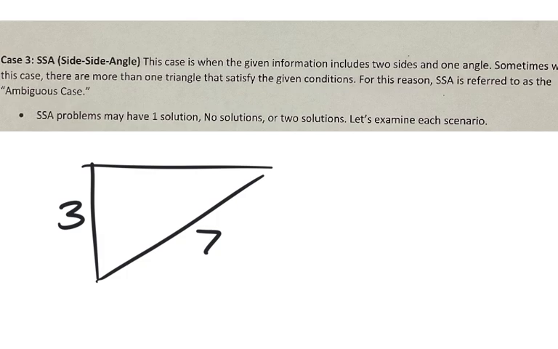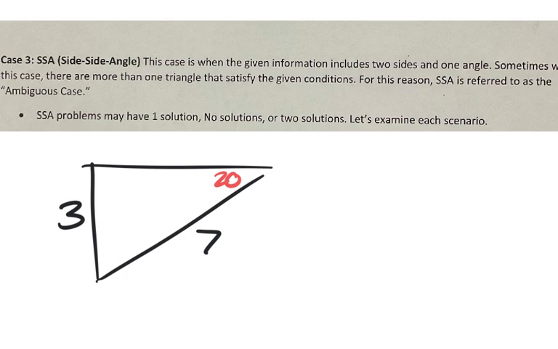So let's say this angle is 20. See how this is side-side-angle. Can I easily find all three angles this way? Not like I could before. Before I knew two of them. How did I find the third one? Add up and subtract from 180, and I could easily find the missing third angle. But there's no easy way to find either of these angles without setting up the law of sines.